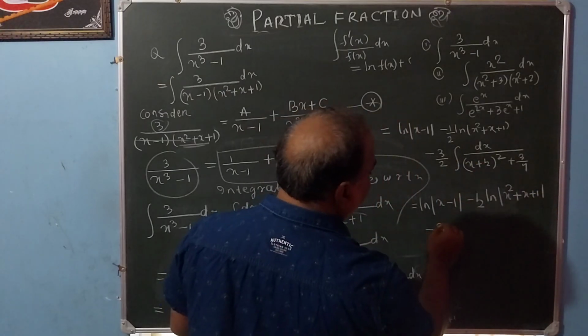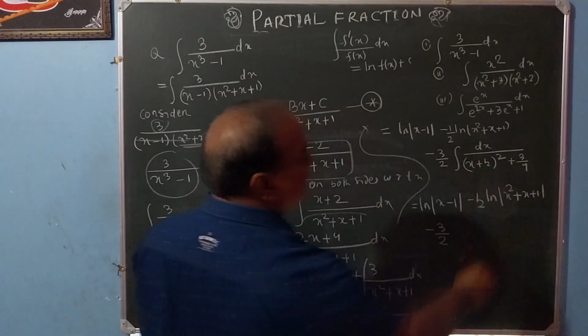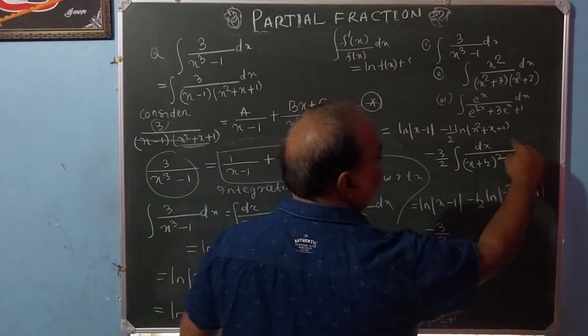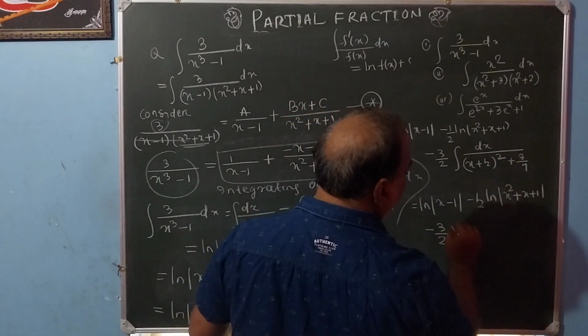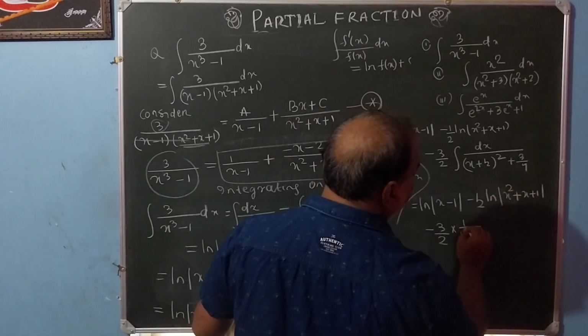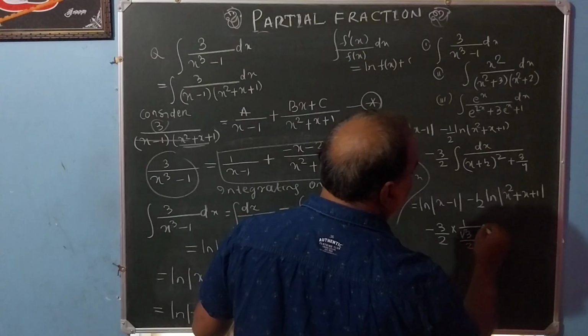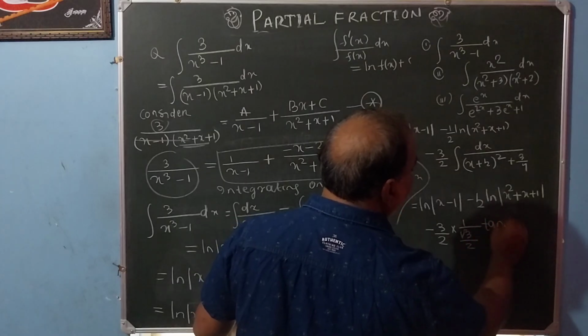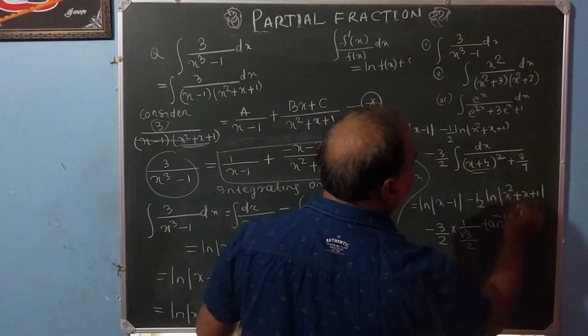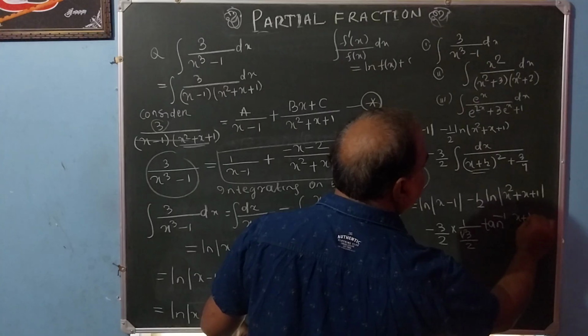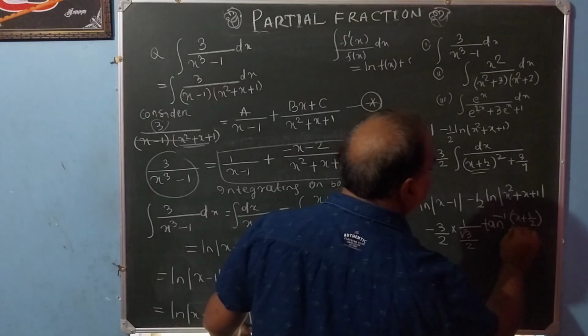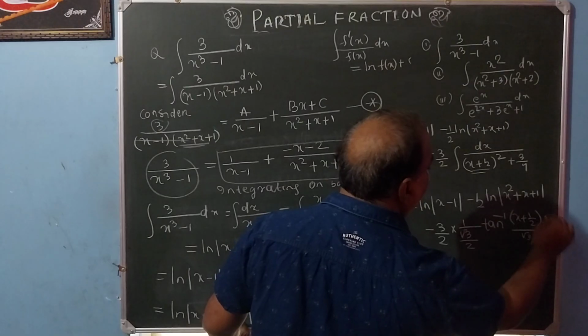So minus 3 by 2, applying that formula, 1 by a means 1 by root 3 by 2, tan inverse (x plus half) divided by root 3 by 2, plus c.